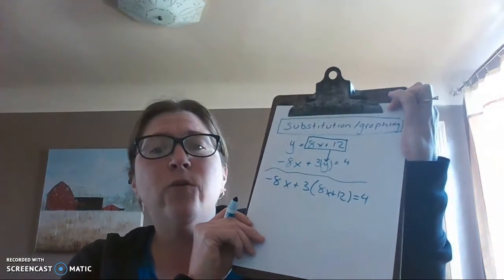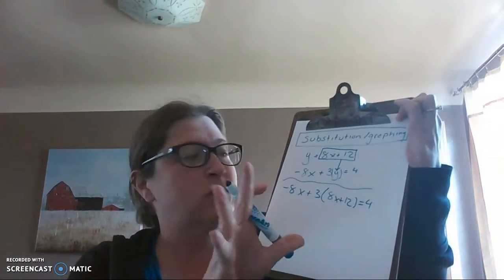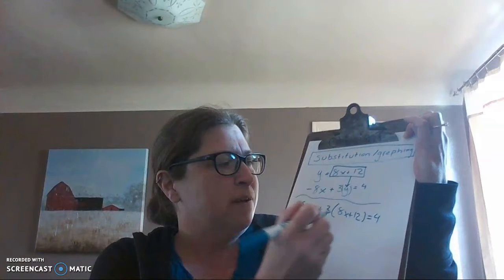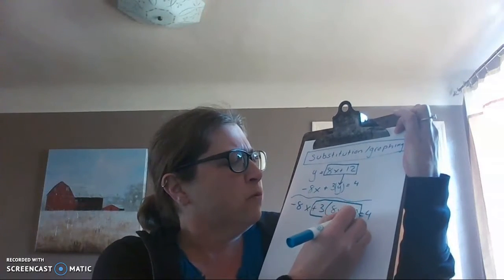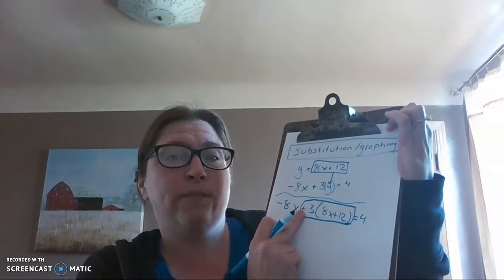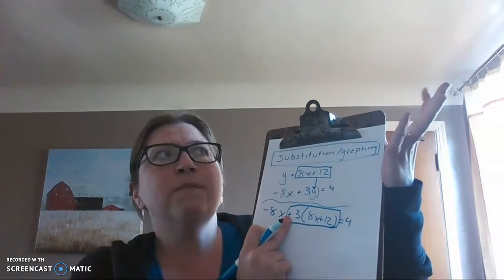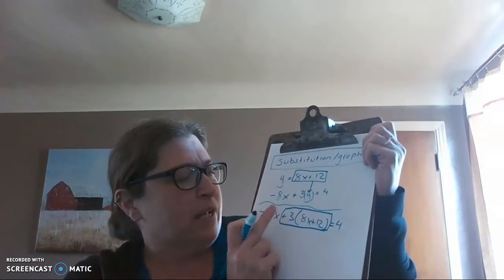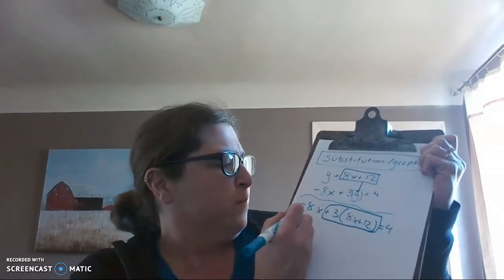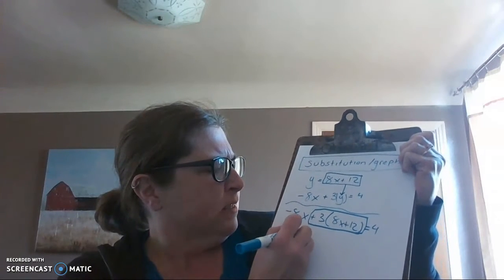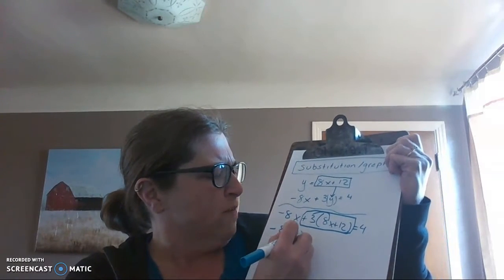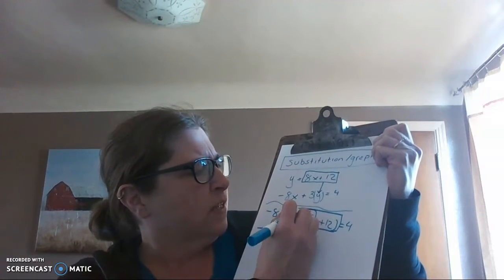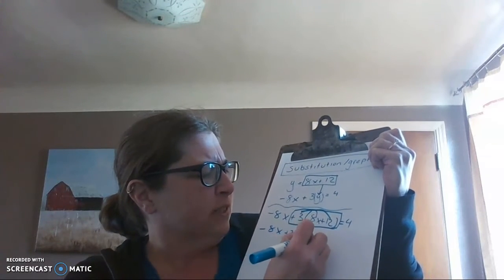Okay, so now I have an equation where I just have x, and I can solve this like no problem, right? Remember, the first thing I'm going to do is distribute. I'm going to distribute the 3 and include its sign, which is a positive this time. It doesn't make a difference this time, but it will if it's a negative, so don't forget your sign. So I have negative 8x, then I'm going to take 3 times 8x, which is 24x, and then 3 times 12, which is 36.